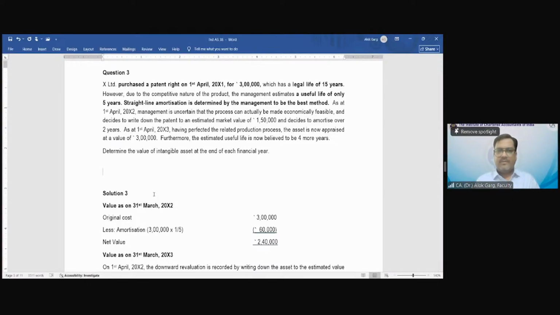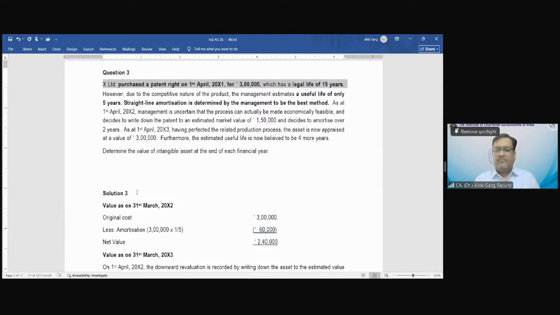Now, friends, what is the purchase price of this intangible asset, this patent? 3 lakhs. What is the accounting entry on the date of purchase?